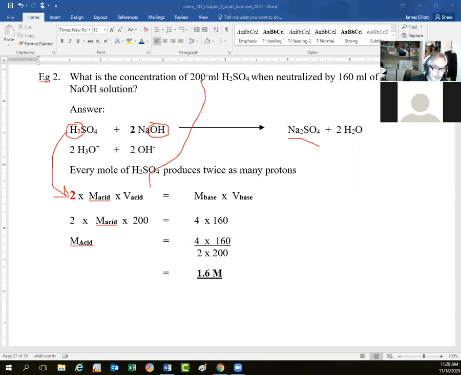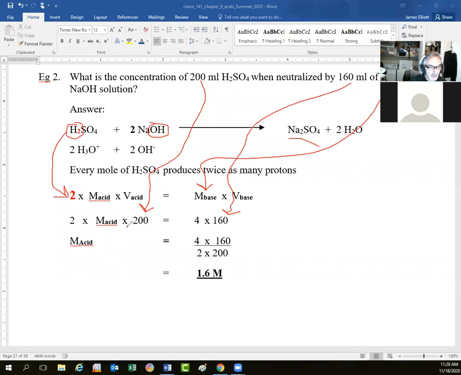We've got 200 milliliters of the acid. And normally for moles, we should convert to liters, but we can leave as milliliters as long as the base volume is left in milliliters as well. That will write itself. We've got 160 milliliters of the base being used, and the concentration of the base was 4 molarity.